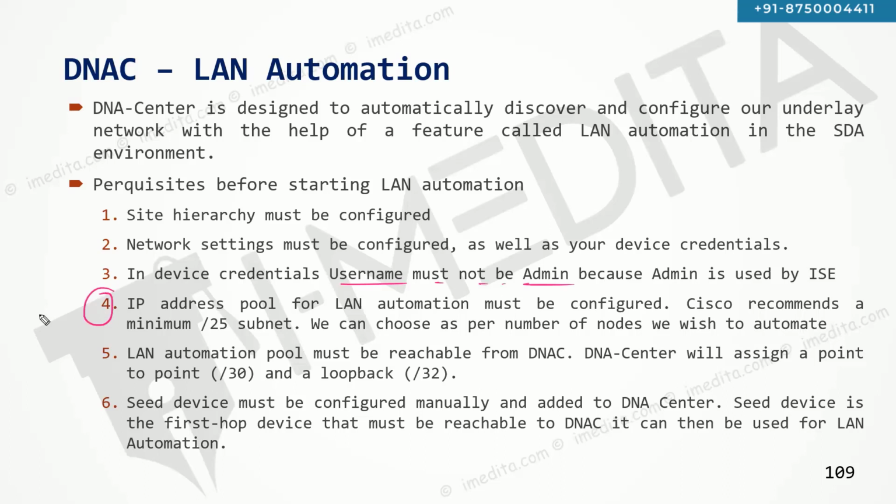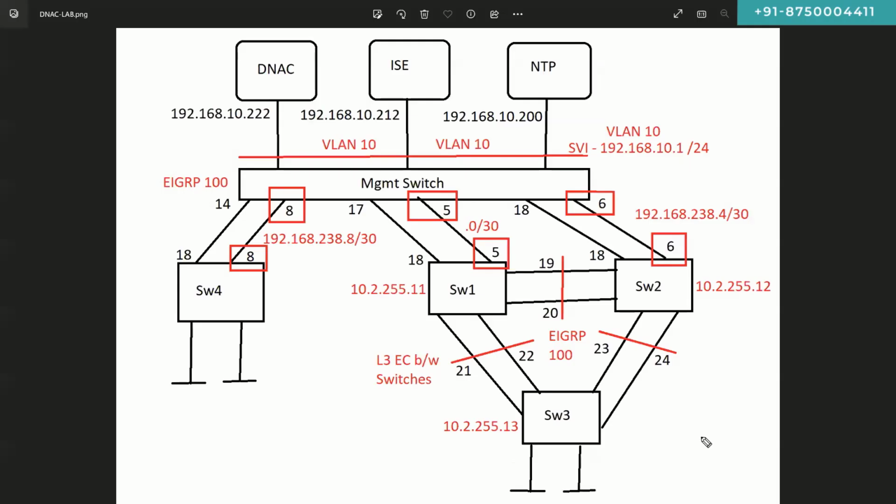Now, next thing is that, which is important. Now we need to configure a pool. So what is this LAN automation feature going to do? This LAN automation feature is going to configure a /30 subnet here, /30 subnet here, /30 subnet here, and so on. It is going to configure /30 subnets, and it is also going to configure the loopback 0.